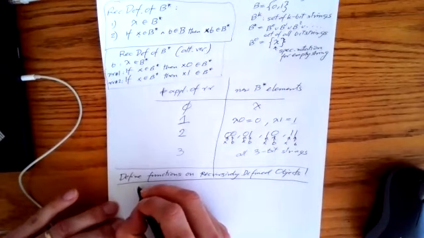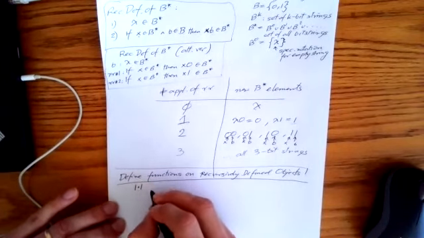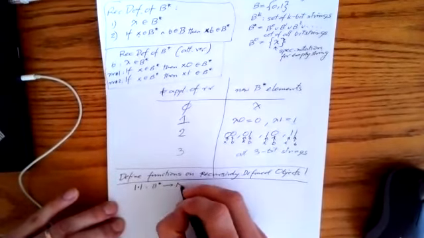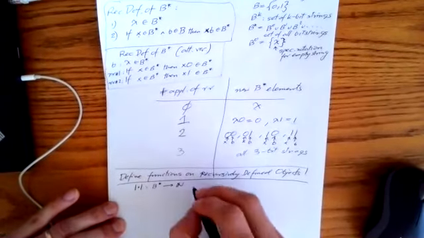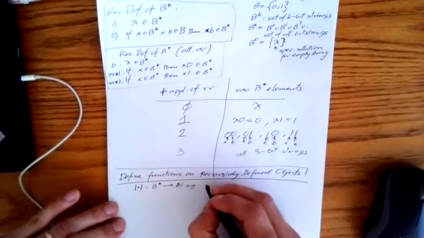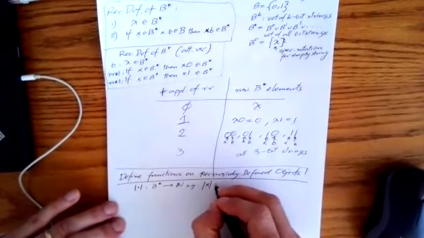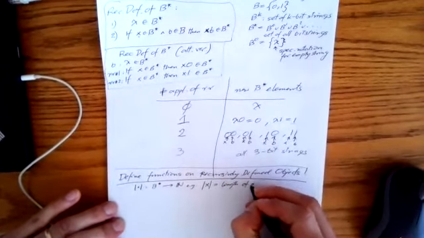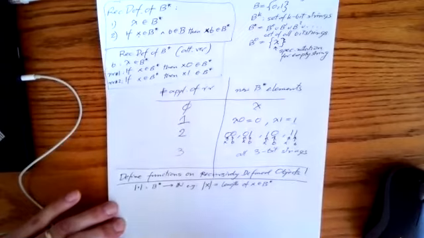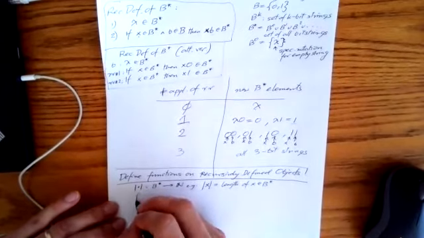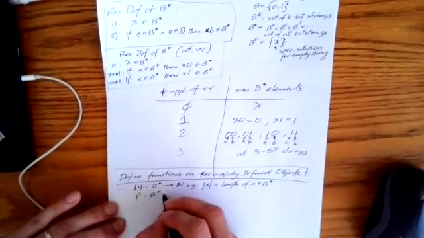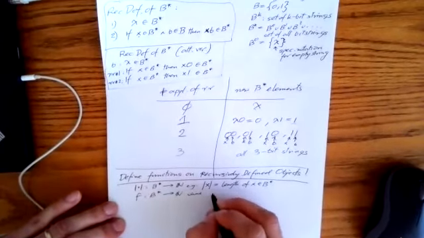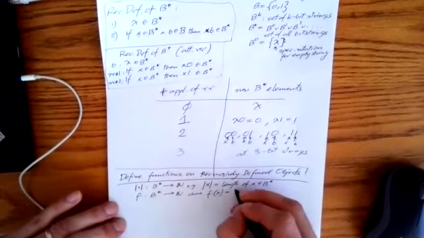The length function takes elements in B star and outputs an integer, namely the length of X. It's a function f that takes bit strings in and gives an integer, where f of x is this.